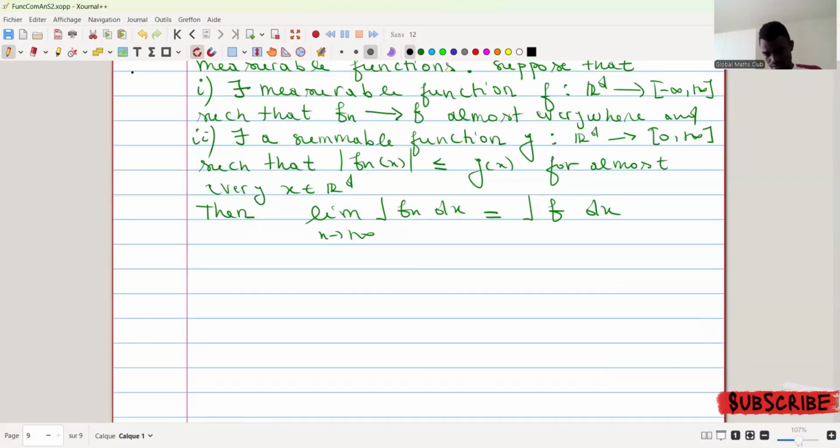Is there another exercise? The last exercise is exercise 5. So this part is related to complex analysis.